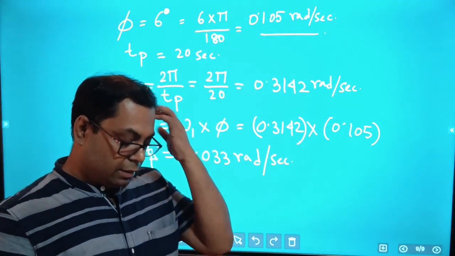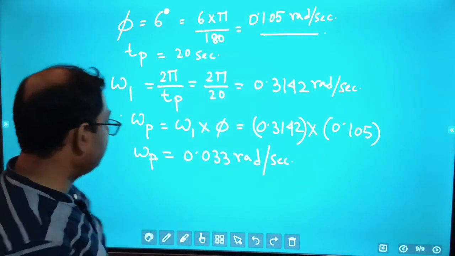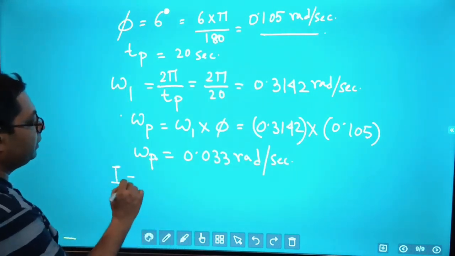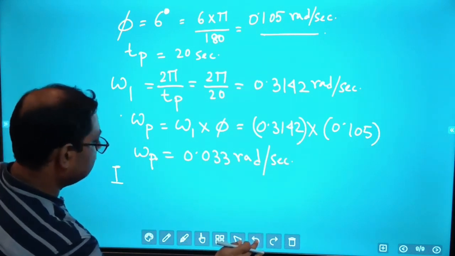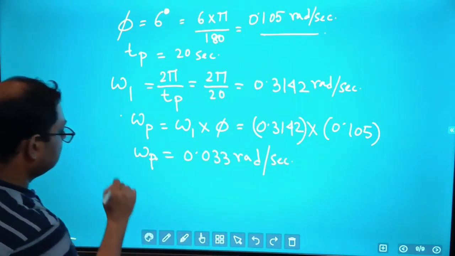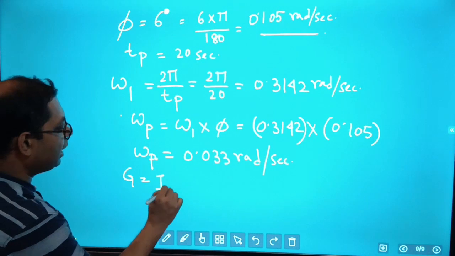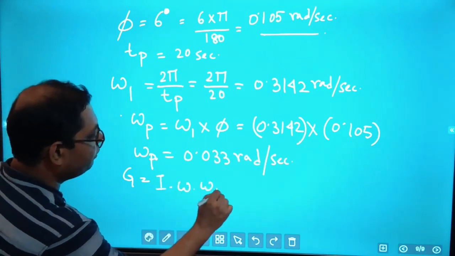Now, maximum gyroscopic couple. What is the value of maximum gyroscopic couple? G equal to I omega p.